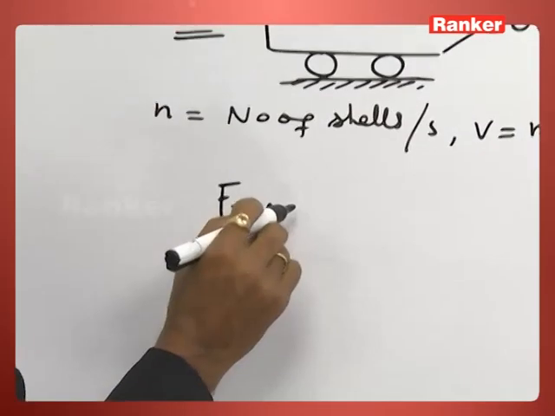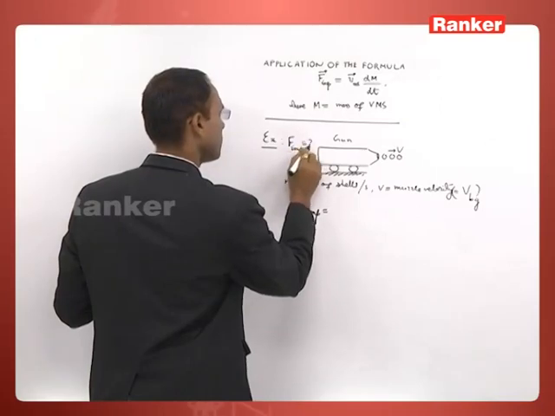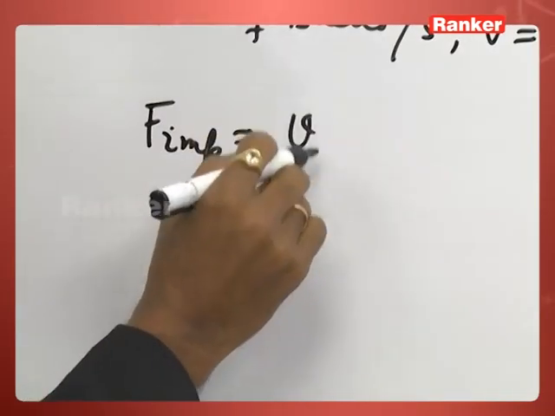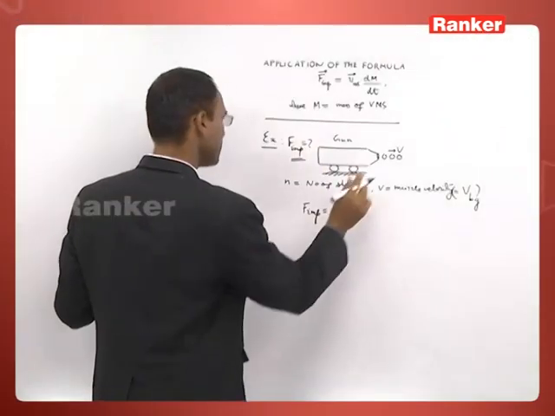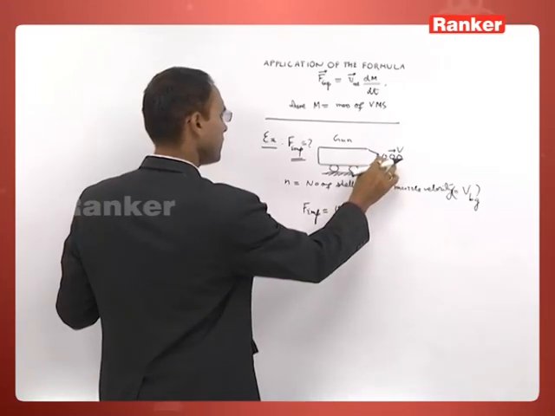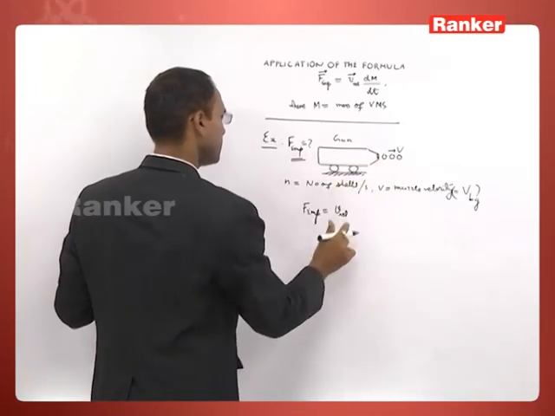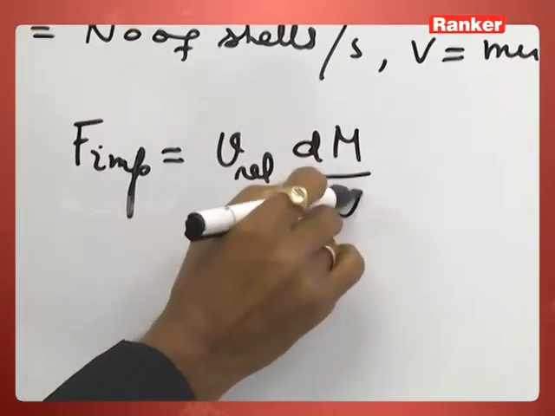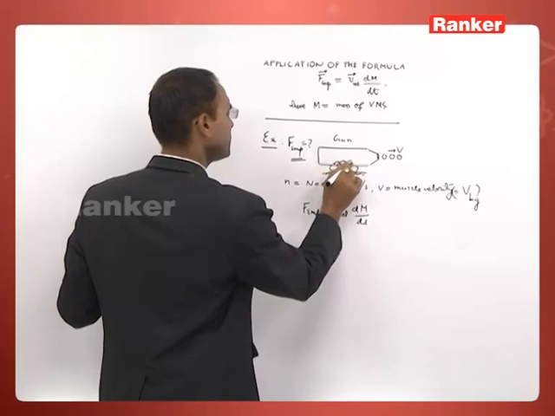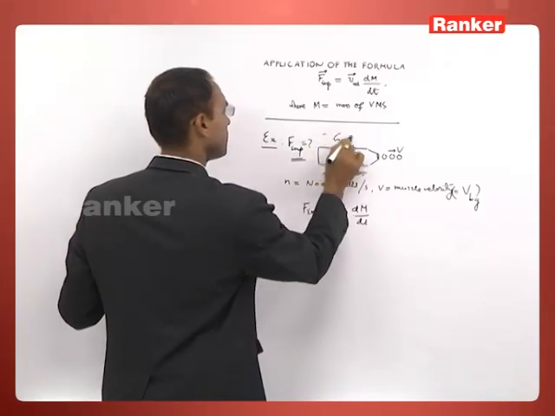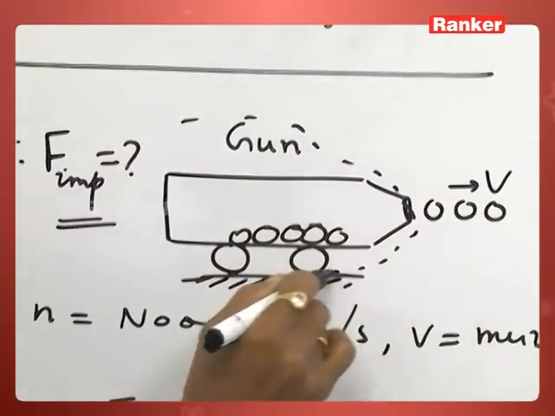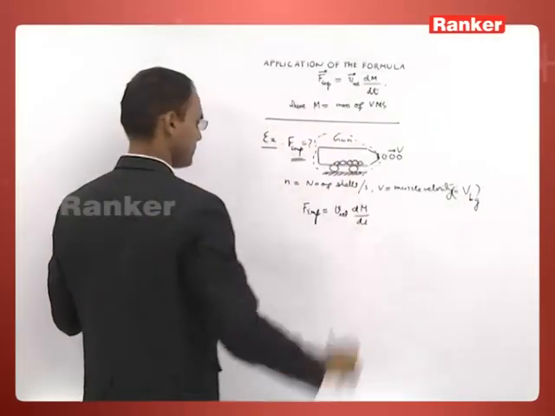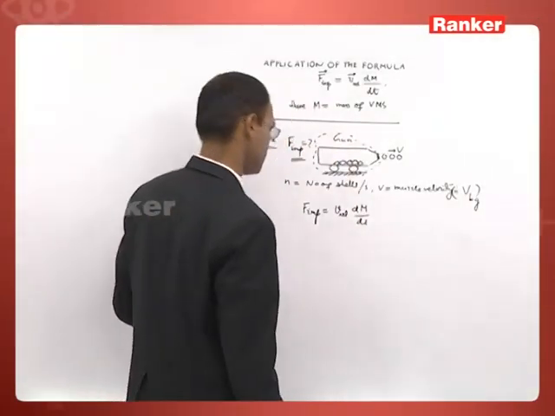The impact force is equal to relative velocity between the bullet and gun into the rate at which the variable mass system is changing its mass.